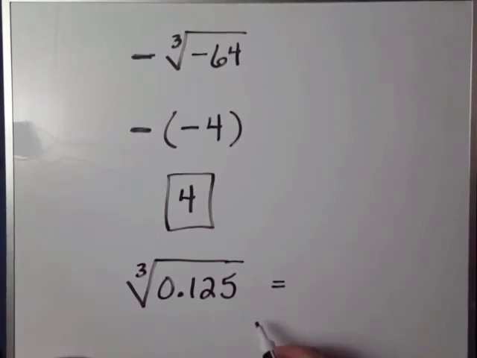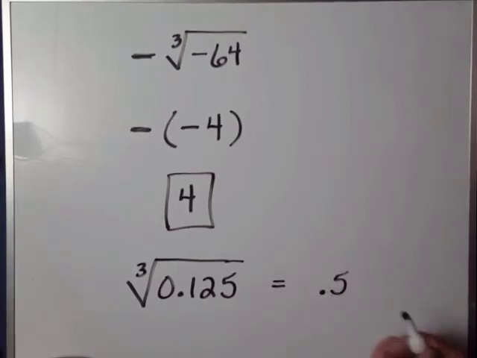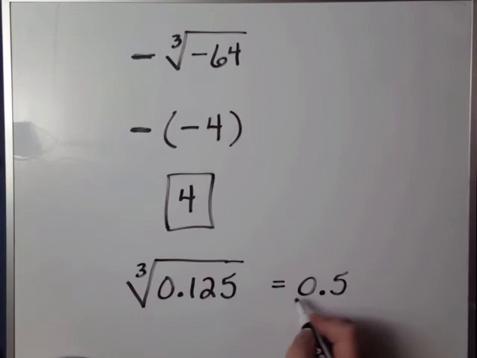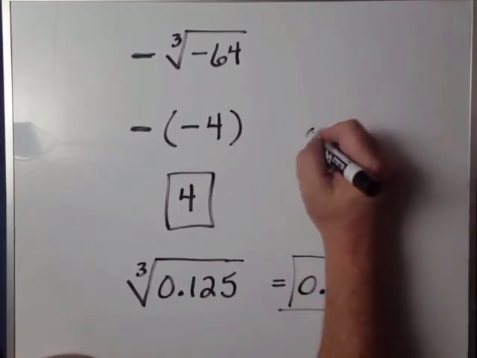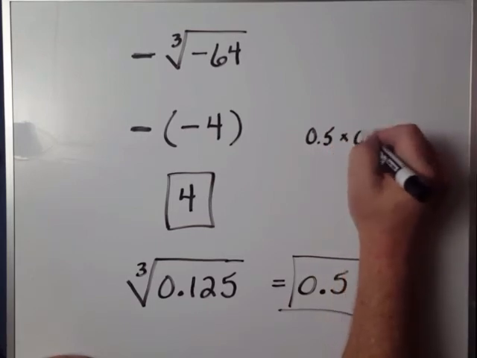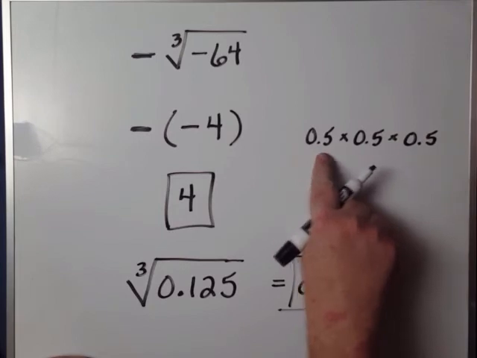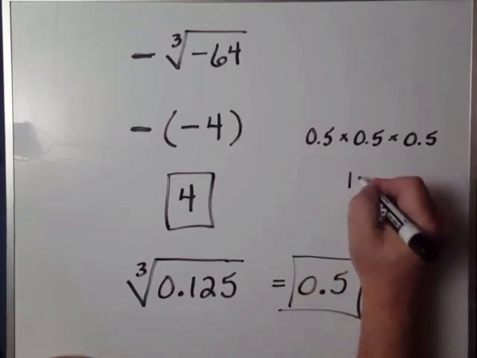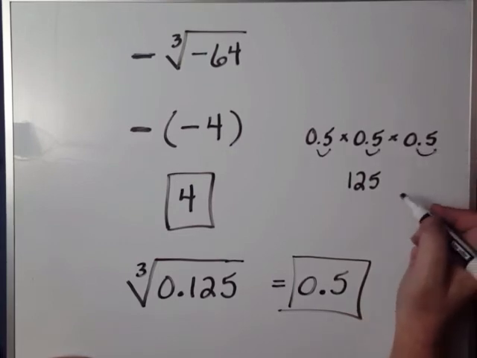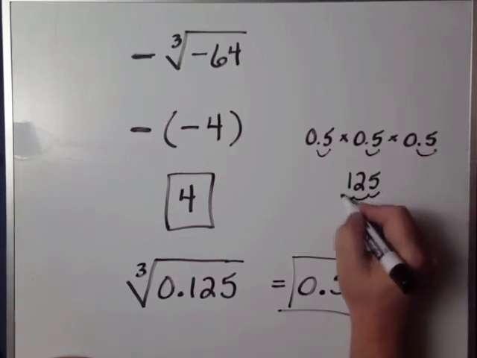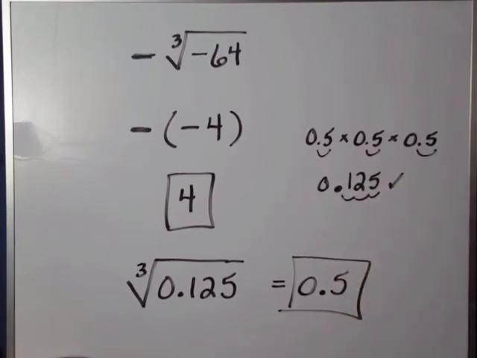And the cube root of 125 is 5. So this is a 5 with 1 decimal place. And if we check that, 0.5 times 0.5 times 0.5, well, 5 times 5 times 5 is 125. And there are 1, 2, 3 decimal places in the problem, so we give 1, 2, 3 decimal places to my answer. So yeah, that works.